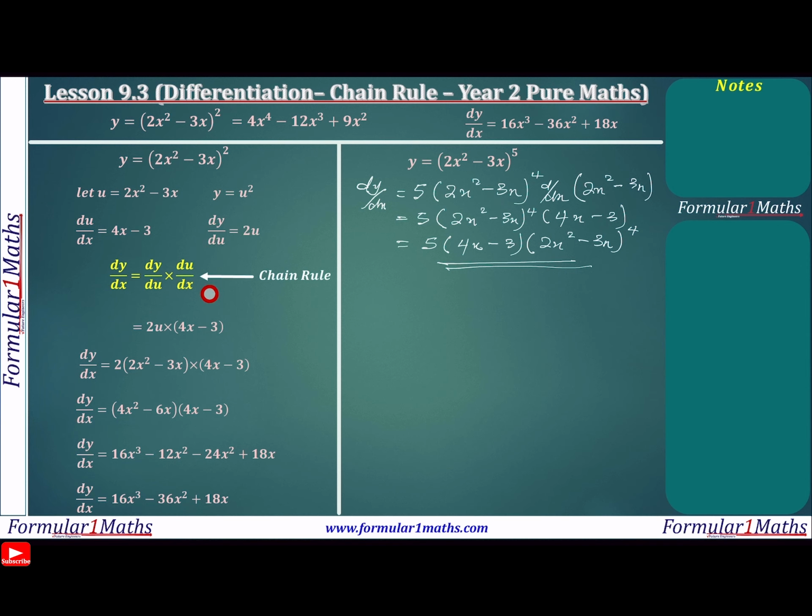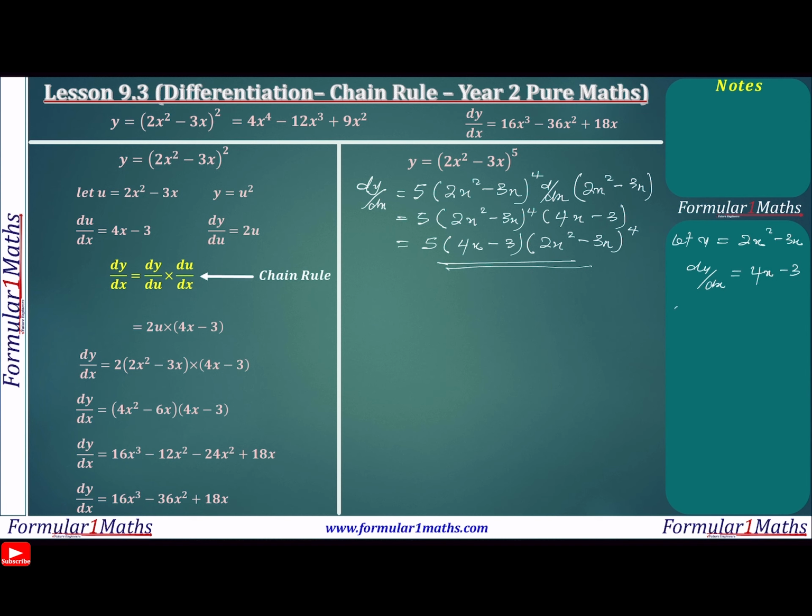Now let me go and use the process to do the same question to see if we get the same answer. So I'll let u equals 2x squared minus 3x. That means du dx is equal to 4x minus 3.